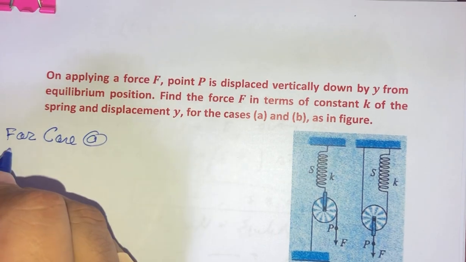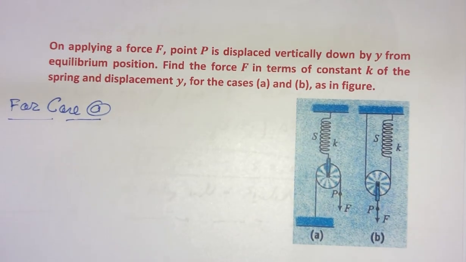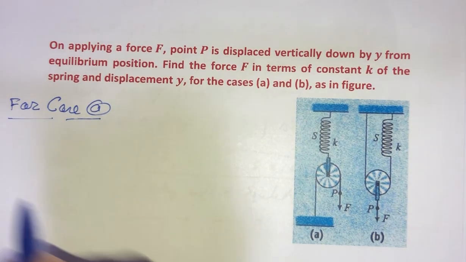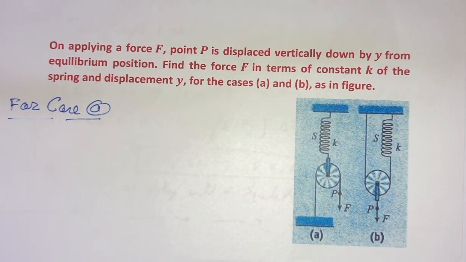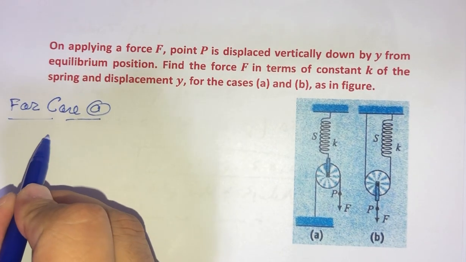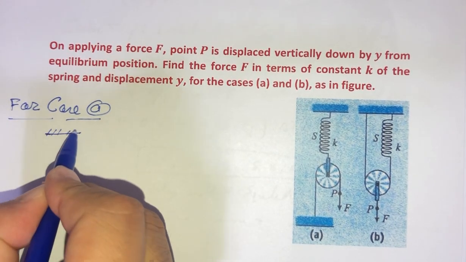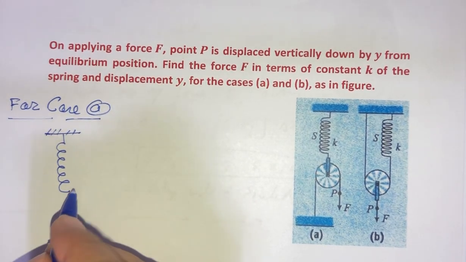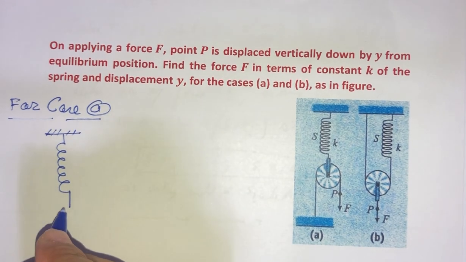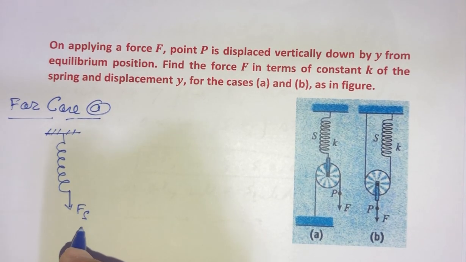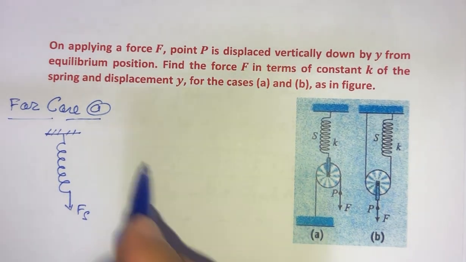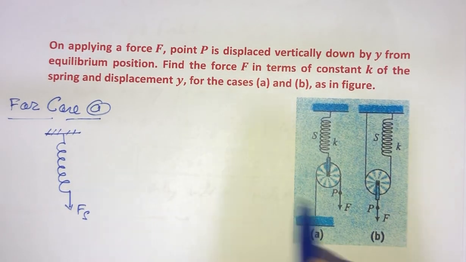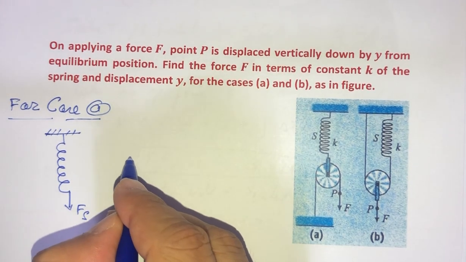For case A, we are going to draw the various forces which will be associated with figure A. So first of all, we have a spring and it is being pulled in the downward direction, so there will be a spring force Fs acting in downward direction, and then there is a pulley which is connected with a string.